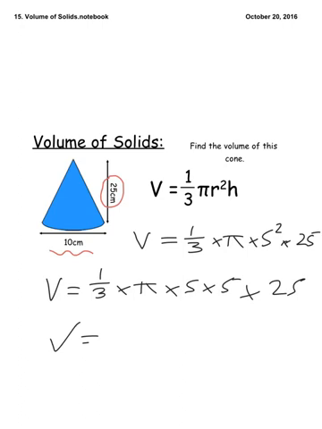And if we put that into our calculator, we'll do pi times 5 times 5 times 25 and divide it by 3 to get 1/3 of it. Our final answer is going to be 654.5 centimeters cubed. Make sure that your units are in cubed centimeters because we're dealing with a 3D shape.